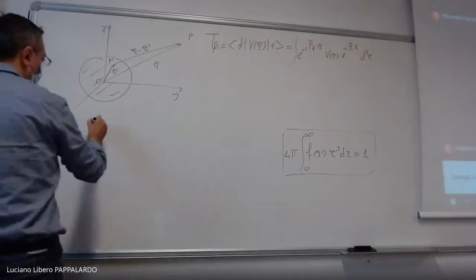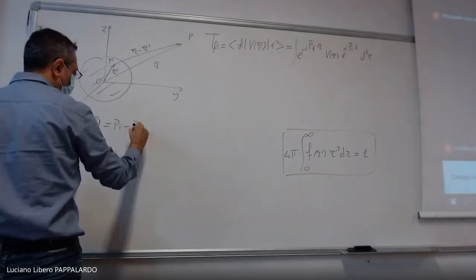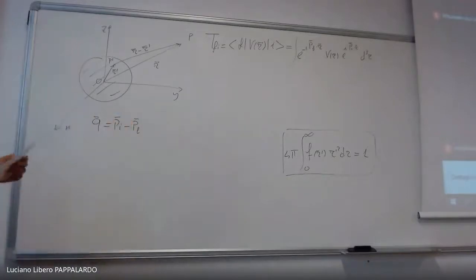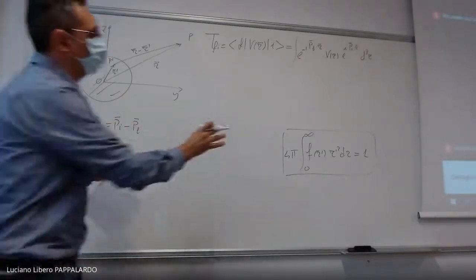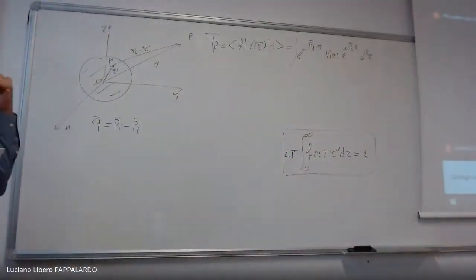Now, as usual, we define the transfer momentum as q equals p_i minus p_f. So we can merge now these two exponentials, and we can now substitute the expression of the Coulomb potential that I gave you before.